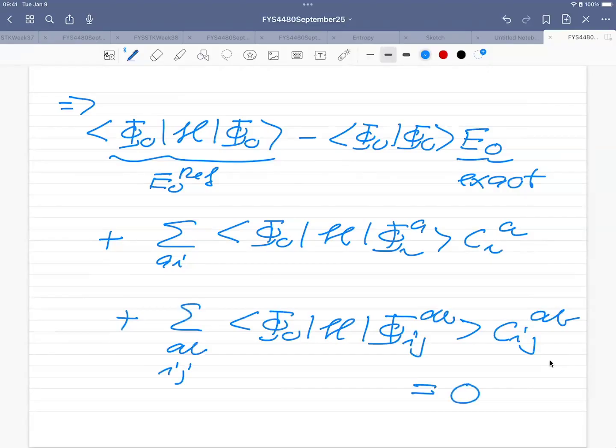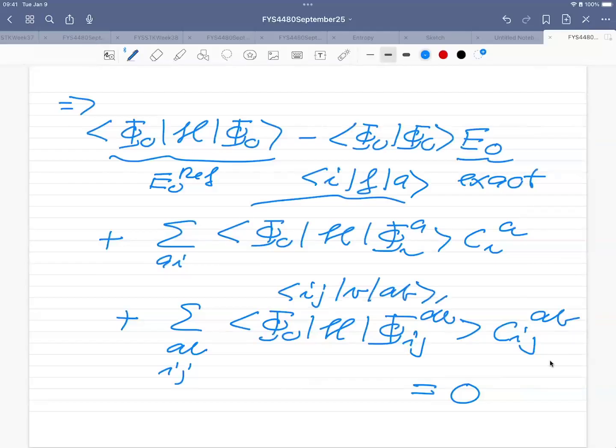Now we have already calculated these terms, and we know exactly that this one has a form which goes like I, and it's the integral over this new operator F, and here we have IJ, V, and AB. And this is anti-symmetrized. So we know these integrals. And if we have tabulated them, we can look them up in a table immediately, or we can calculate them on the fly. So if I now rewrite everything, we have an expression for E0.